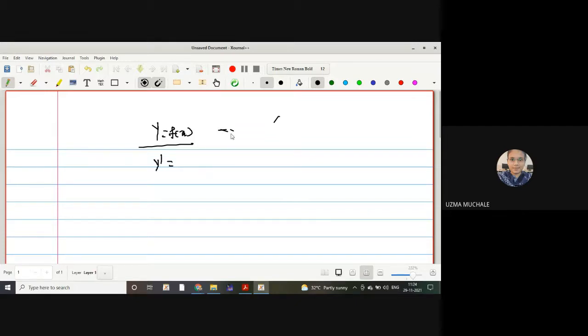Suppose a function is given in some complicated form, for example cos of f of x square plus y square, cos inverse, like this, with some difficult functions.